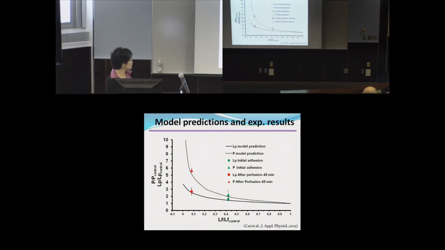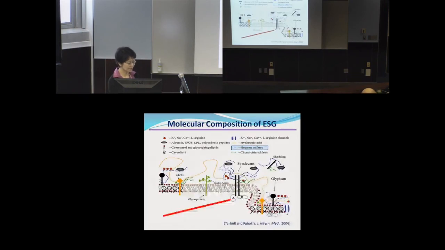After 45 minutes of tumor cell perfusion, the LP increased by 2.7 and albumin permeability increased by 5.6, and this correlates to roughly 10% left, so roughly 90% is degraded. So this is our model prediction.